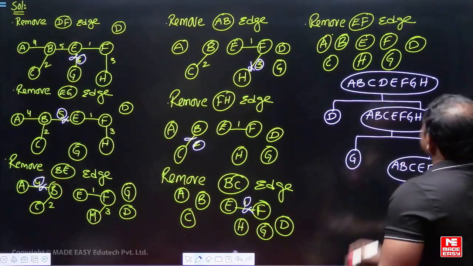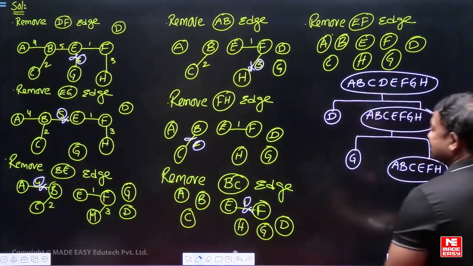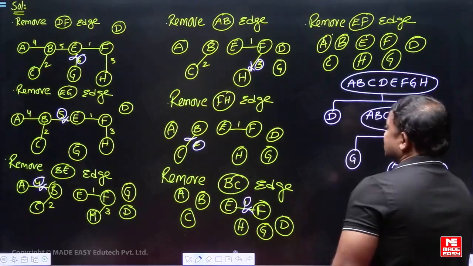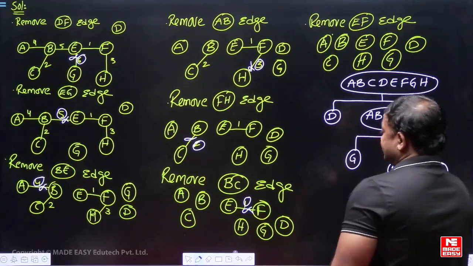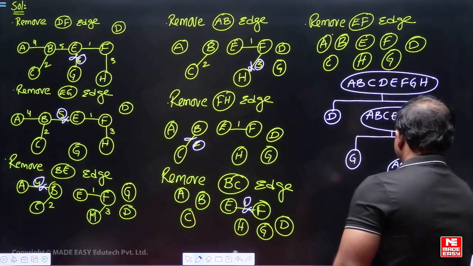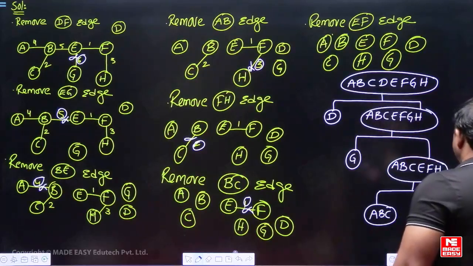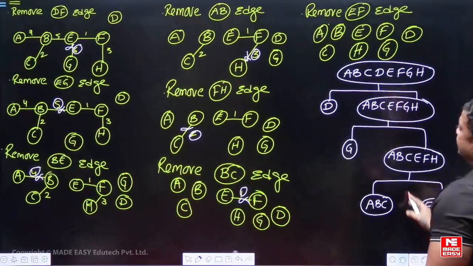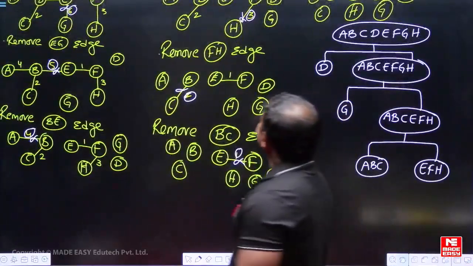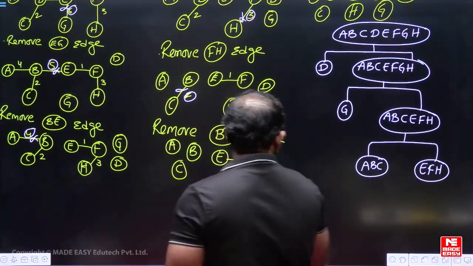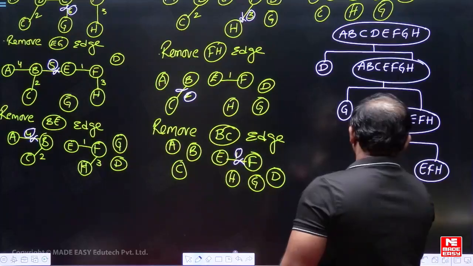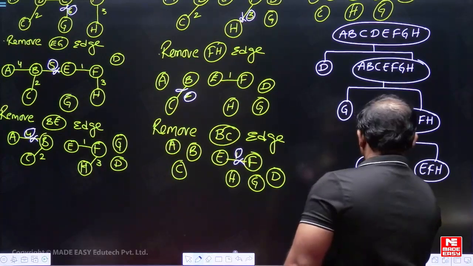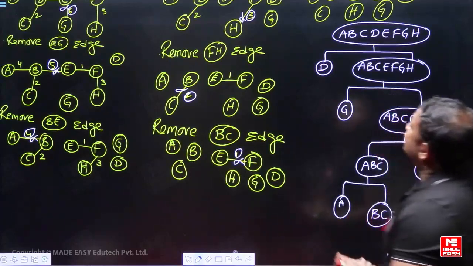This is next. Then after that what is there? This will be dividing into 2 types. A, B, C and E, F, H, like this, divided. Okay. So next one is what? A is splitting, then BC present. Okay.